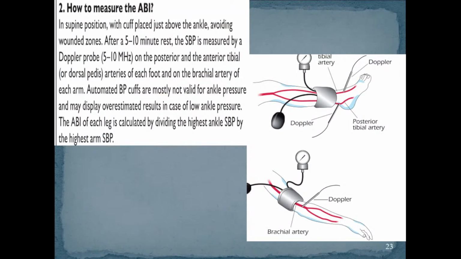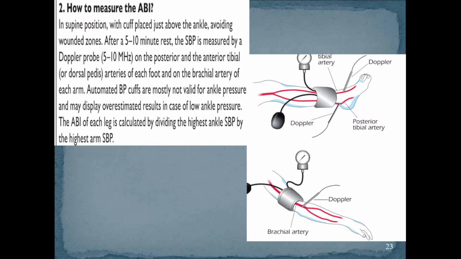How to measure ABI? The patient should be in supine position with cuff placed just above the ankle, avoiding wound zones. After a 5 to 10 minutes rest, the blood pressure is measured by a Doppler probe on the posterior and anterior tibial or dorsalis pedis arteries of each foot and on the brachial artery of each arm.